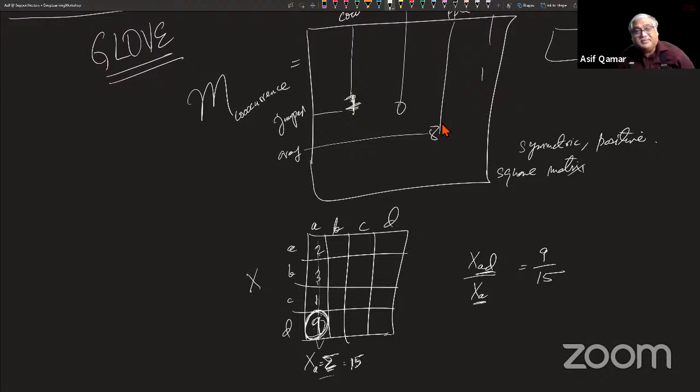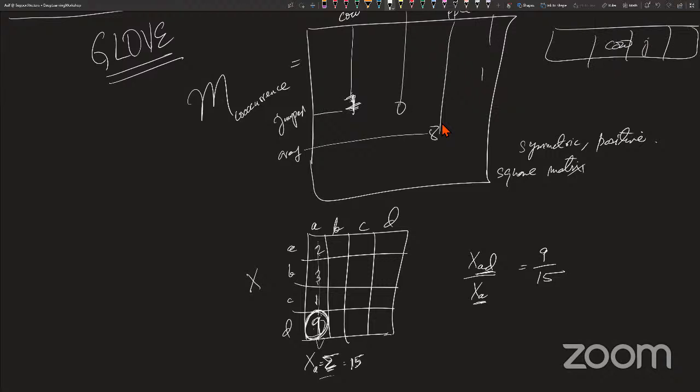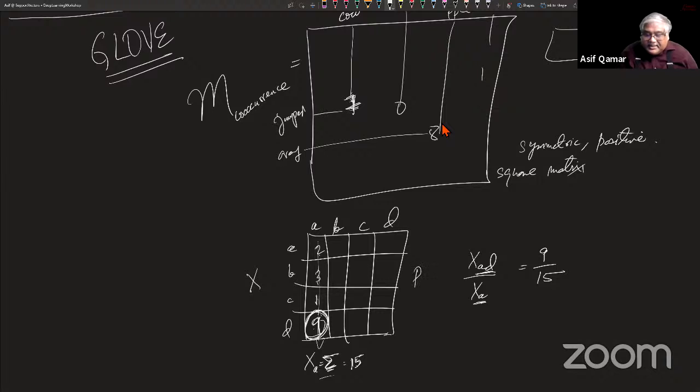If not, then I haven't explained it properly. Somebody would like to speak up? Yes, got it. It's simple. So this is the probability of the words A and D occurring. The paper uses the letters i and j, but I'll use A and D. The probability that AD will co-occur is this.